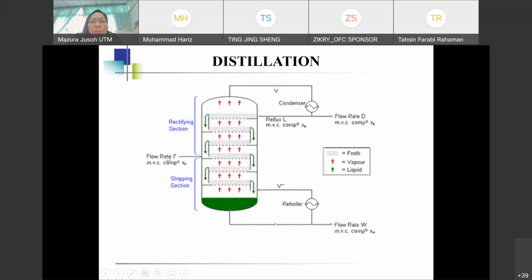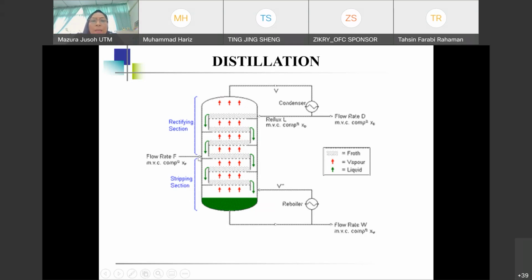If it's more than two, you already call it multi-component distillation. So this is the feed input into the column, and it's not put just anywhere. There's a careful calculation of where your feed plate should be.